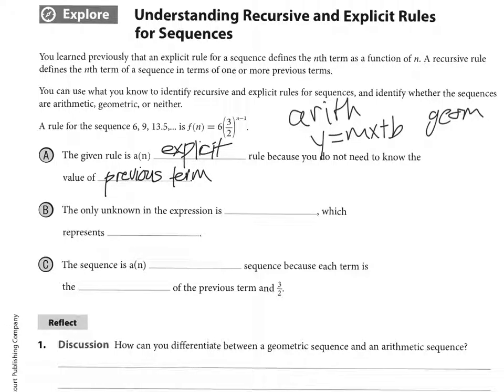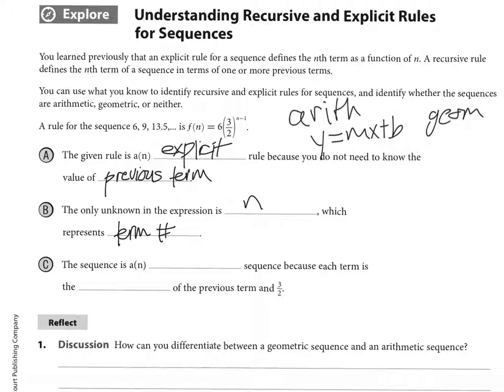In this case, I don't. I just have a formula that I have to plug in. So the only unknown in this expression is n, which is the term number. So n represents the term number. So again, if I'm looking for the 7th term, I just put 7 in for n.